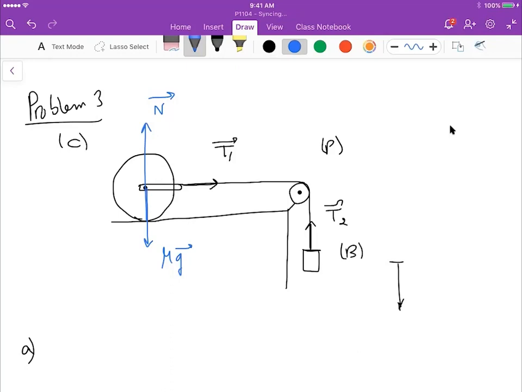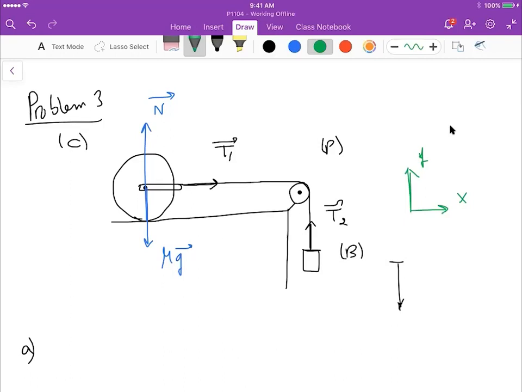T1 is the only force acting in the x direction. So let's say this is x and this is y. Along the x-axis we have only T1. Since N, mg and T1 all pass through the axis of rotation through the center of mass, none of the three causes any torque. For this reason the only force that can cause motion is T1, and it's going to be a translational motion.